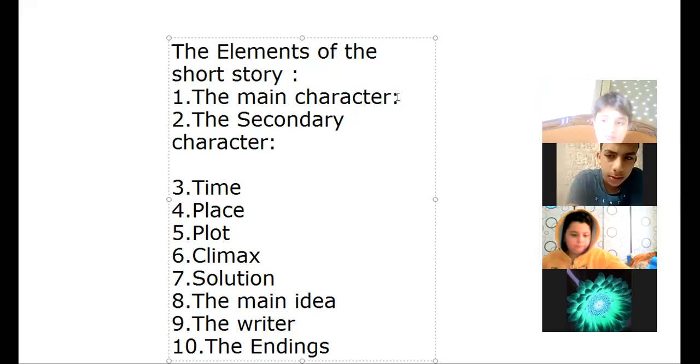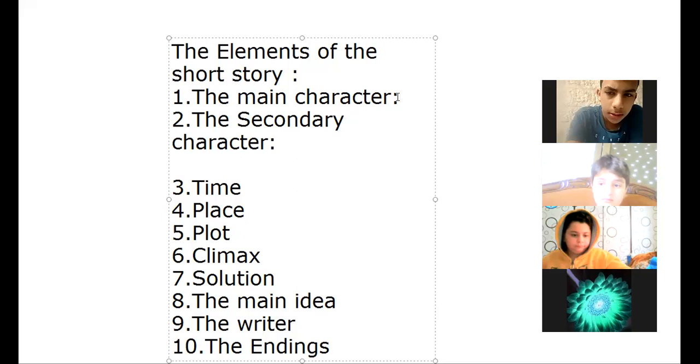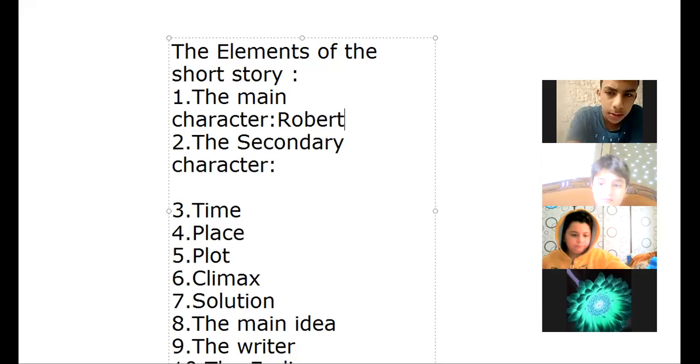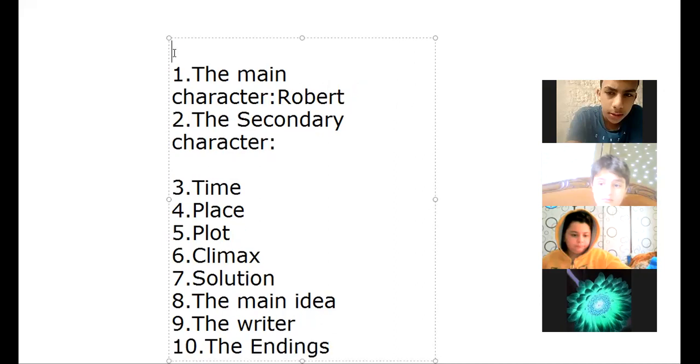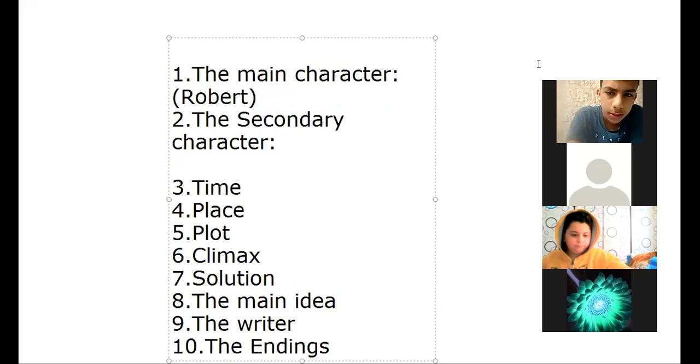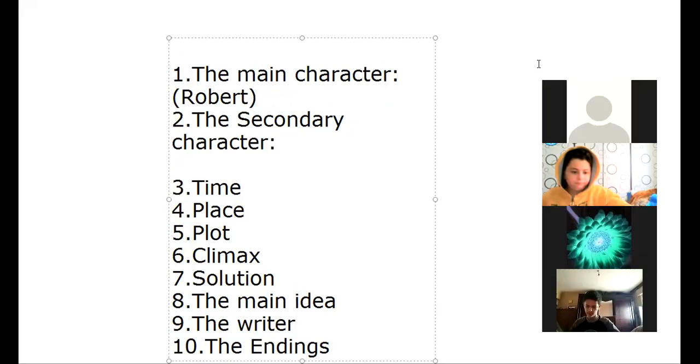Do you have lag, Ibrahim? So the main character is Robert. I'll remove the elements here. Here, the main character is Robert. Now the secondary character. Yes, teacher.